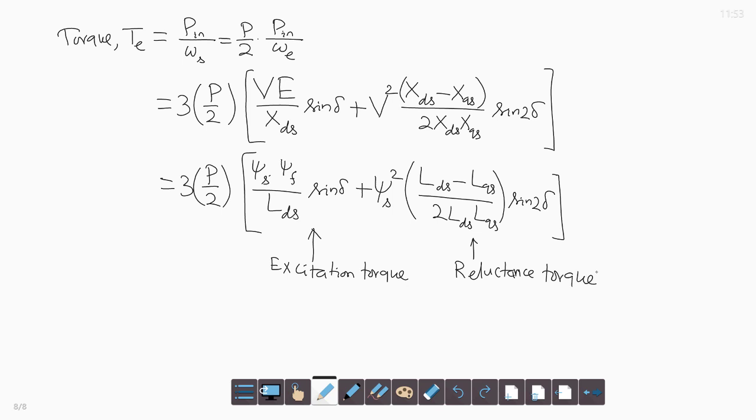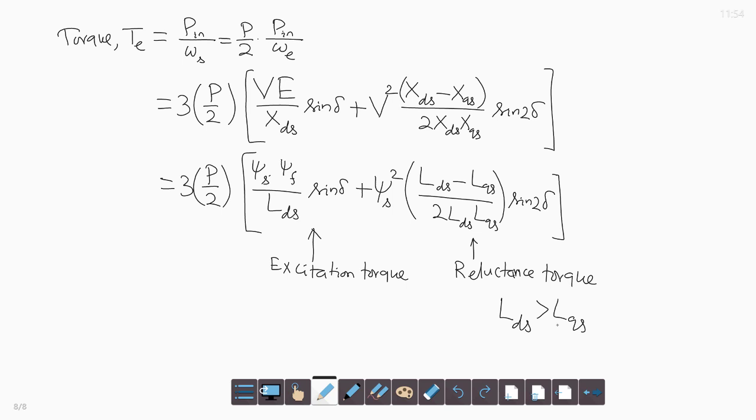Because of saliency, Lds is greater than Lqs, and because of that this torque is produced even if there is no field current. Psi f is 0, E is 0, the first term is absent.